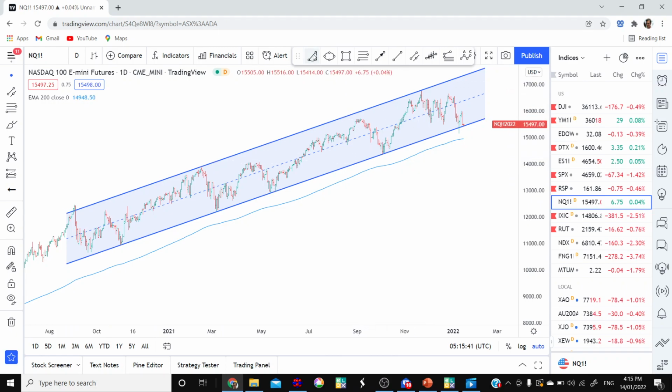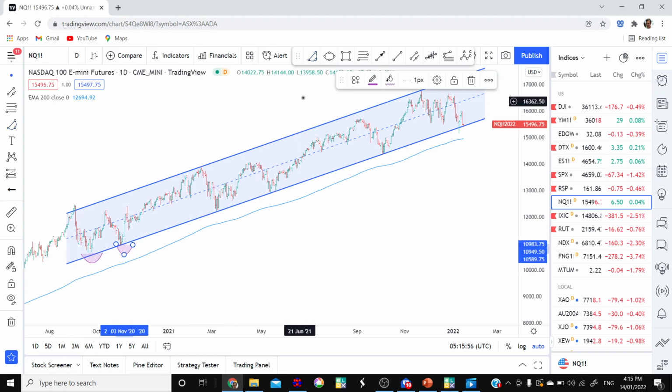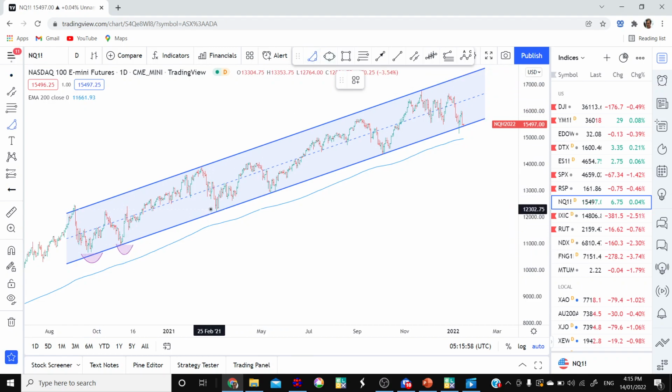So what I like so much about this is that it's got all these touch points along the way. So you can see these areas here where the market's come back and tested the base of this trend channel, like on all these occasions, and then each time it's rallied.